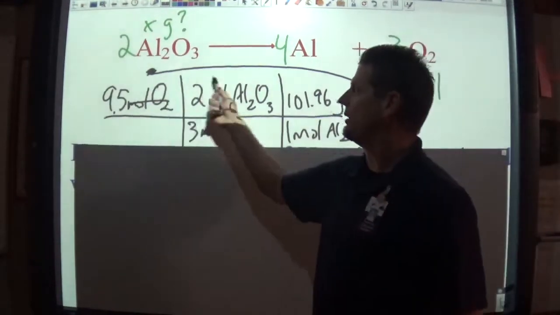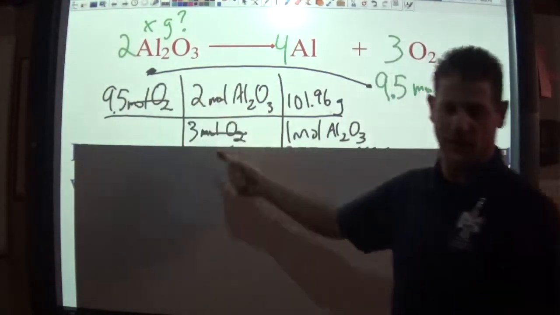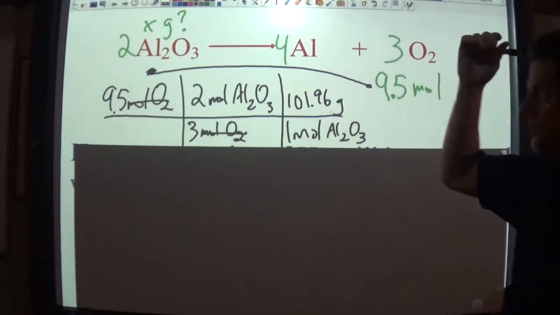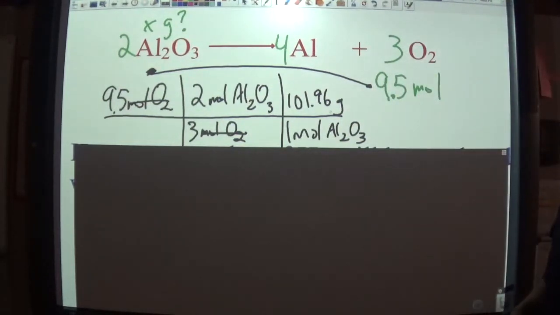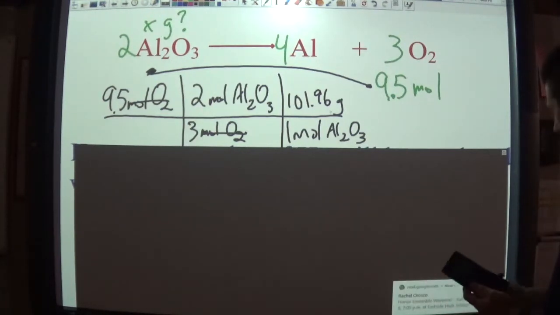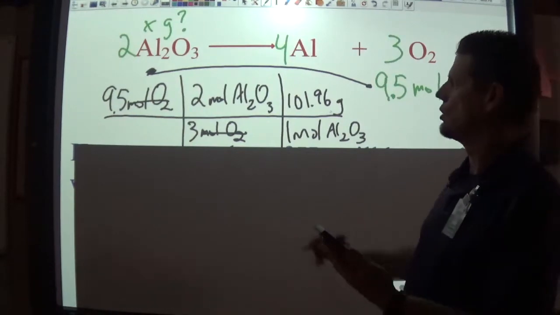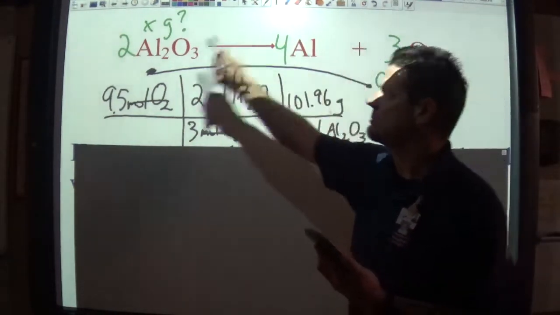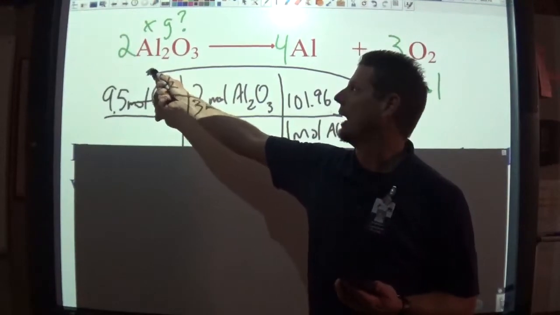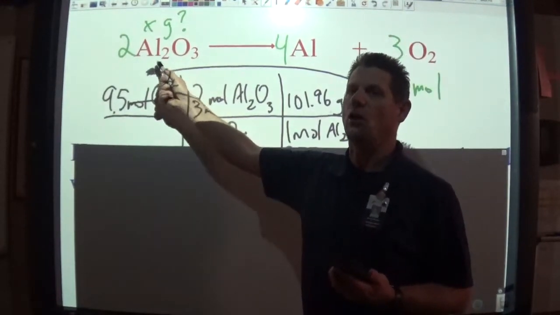So if I converted from here to here, 9.5 times 2 divided by 3, that gives me 6.33. That 6.33 is moles of aluminum oxide. I don't care about moles; I want to know how many grams it is.